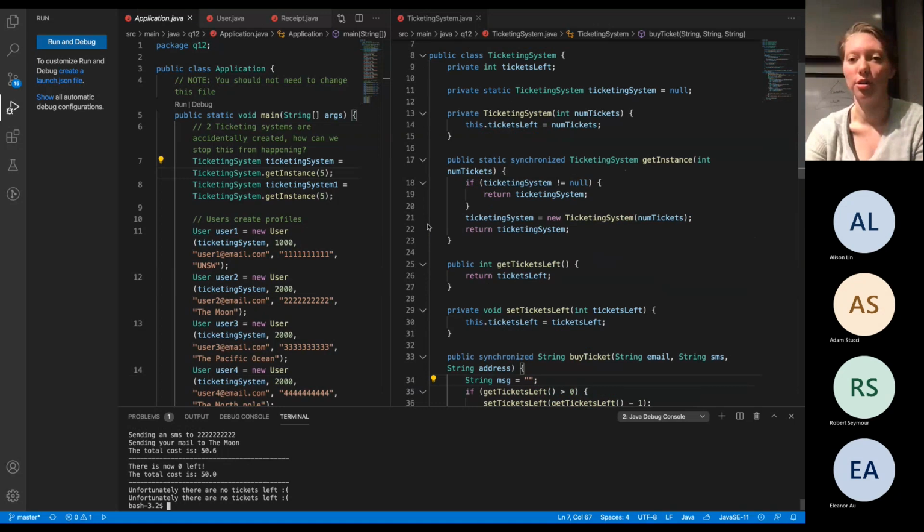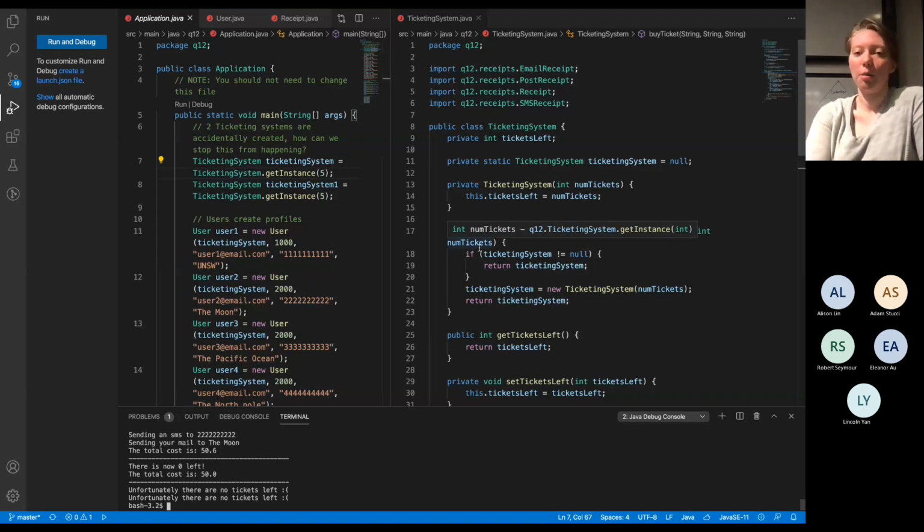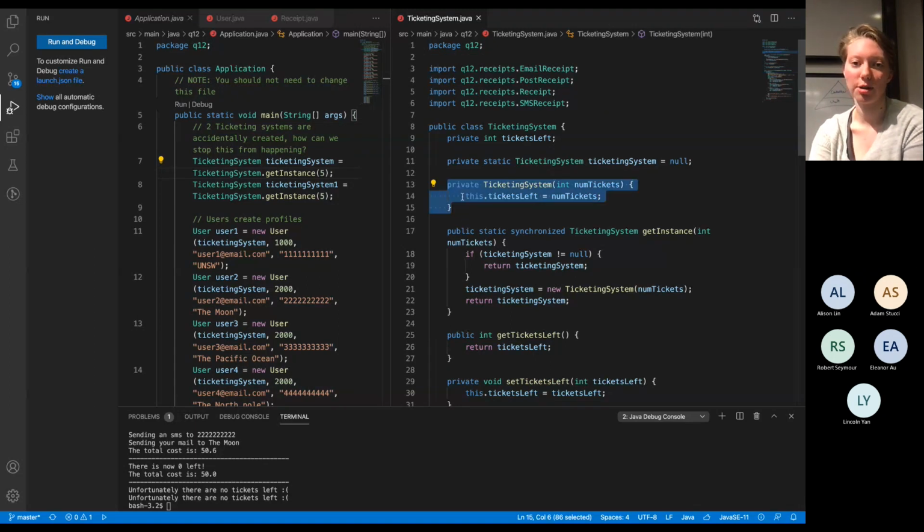Just for this case, let's quickly go over the code again for the people online. So basically the main part you're talking about when you're doing the Singleton pattern is that you want to make the constructor private.